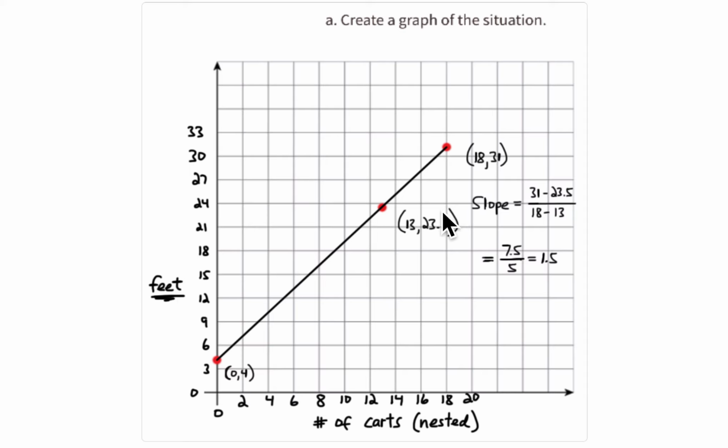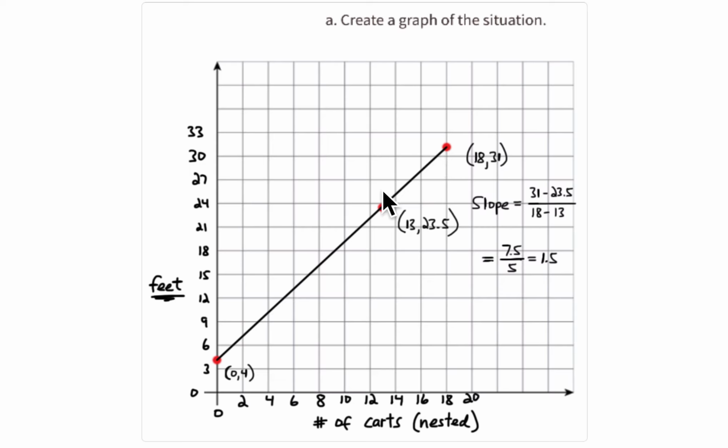And how much is it changing along the x-axis? That is this 18 minus this 13. So 18 minus 13 is 5. So it's changing 5 units along the x-axis, 7.5 units along the y-axis. So that is 1.5 units change in the y direction per 1 unit change in the x direction, which is 1.5 feet per nested cart.